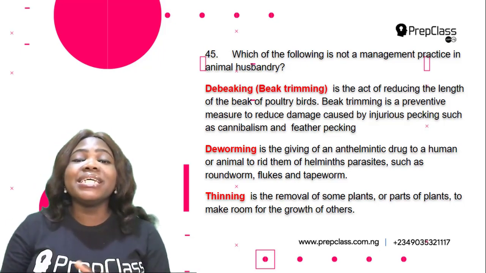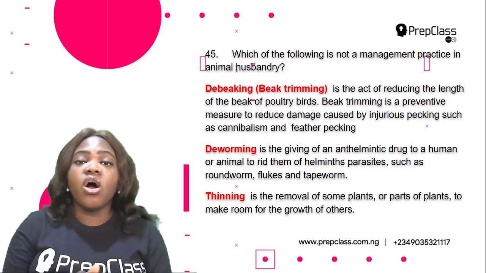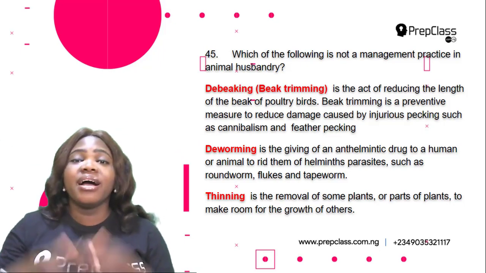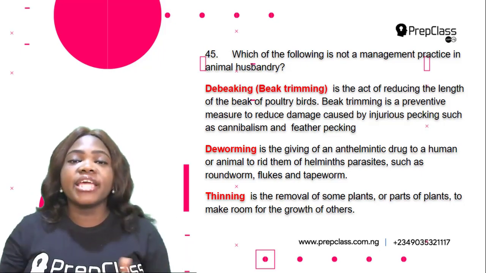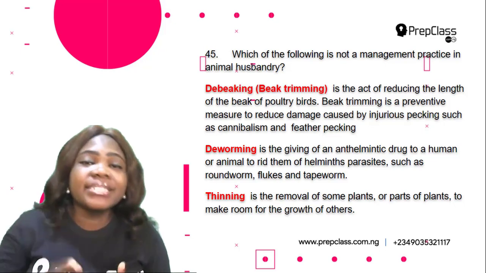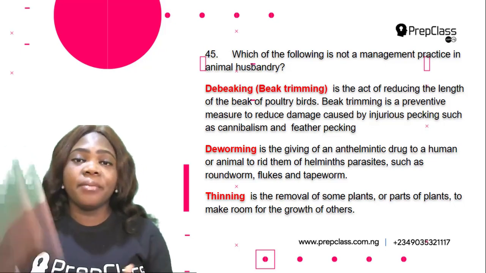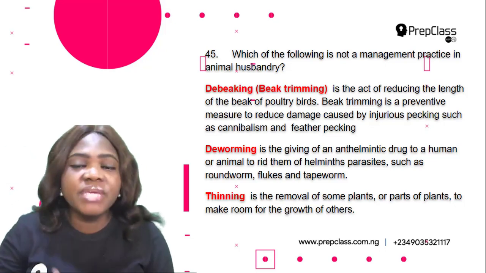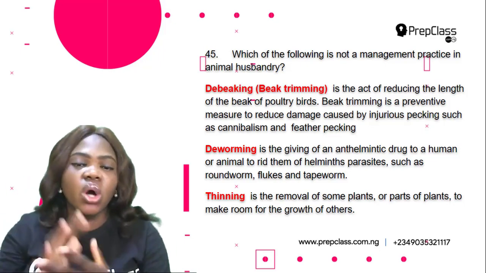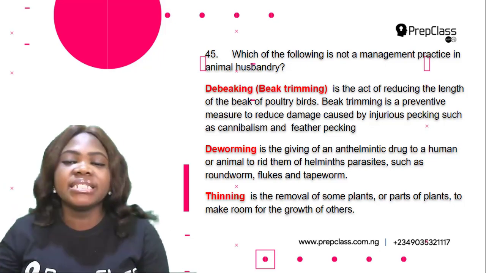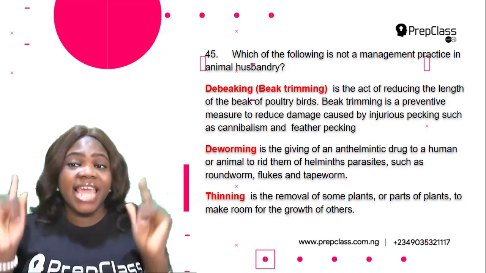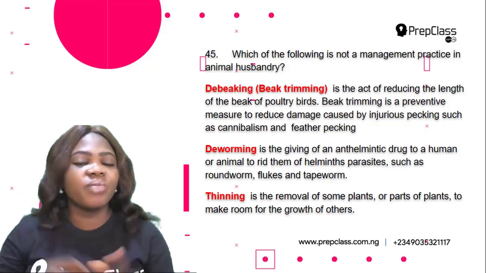Cannibalism is the act of one individual of poultry consuming another individual as food, while feather pecking occurs when a bird repeatedly pecks the feather of another bird with the use of its beaks. This is why beak trimming is done, to prevent cannibalism and feather pecking. Debeaking is a practice in animal husbandry.